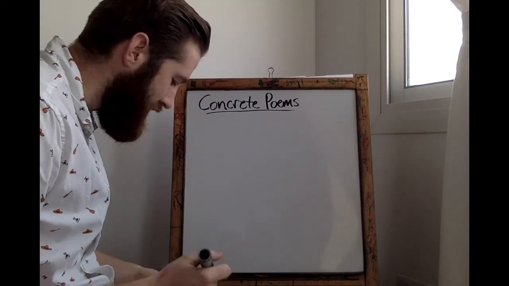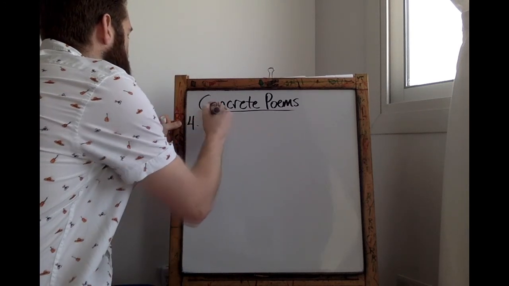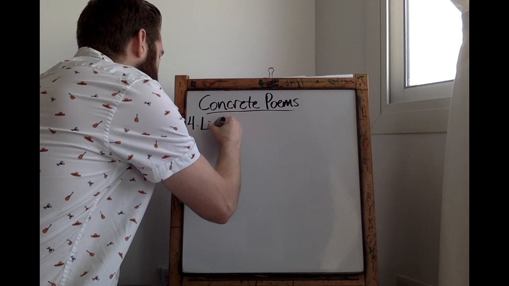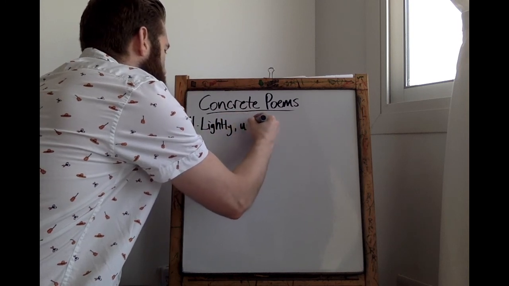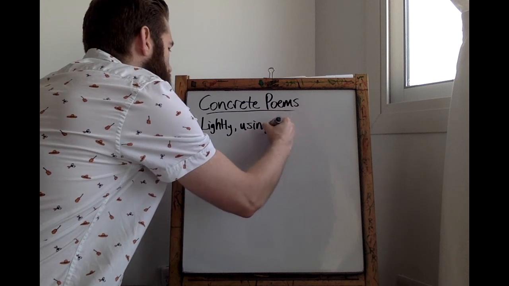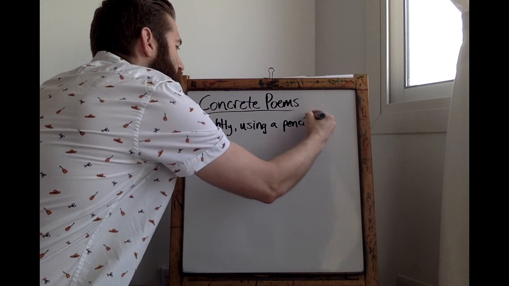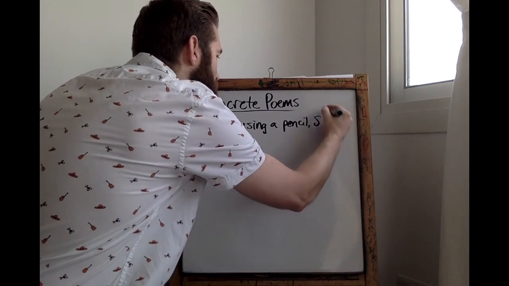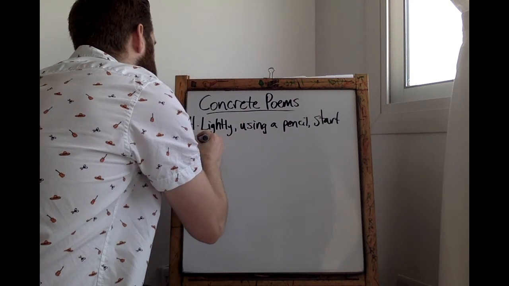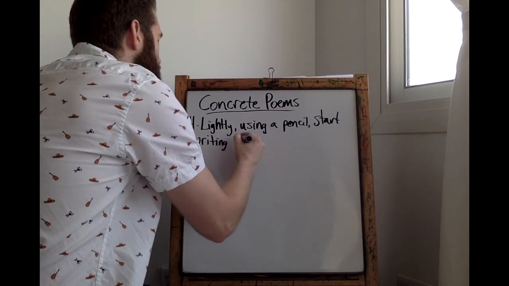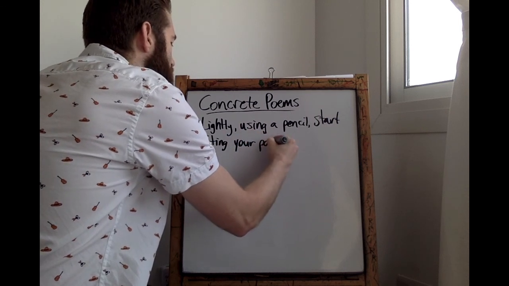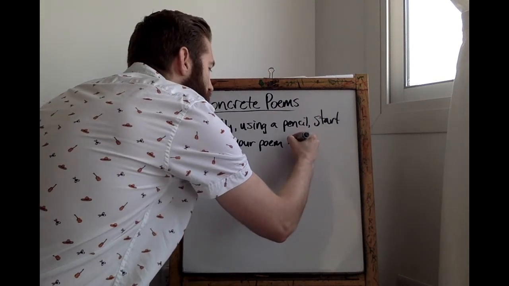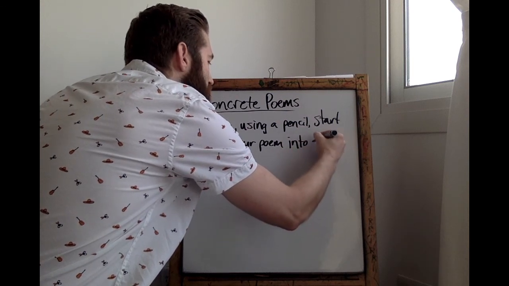Okay, now we're back to step 4 here. Step 4, lightly using a pencil, start writing your poem into the shape.